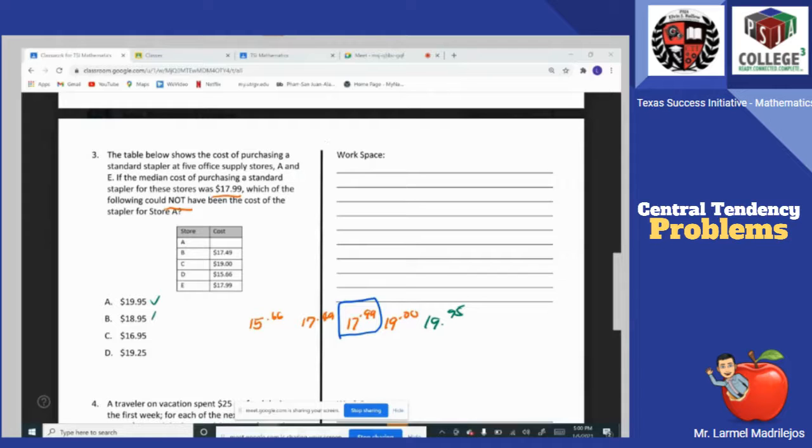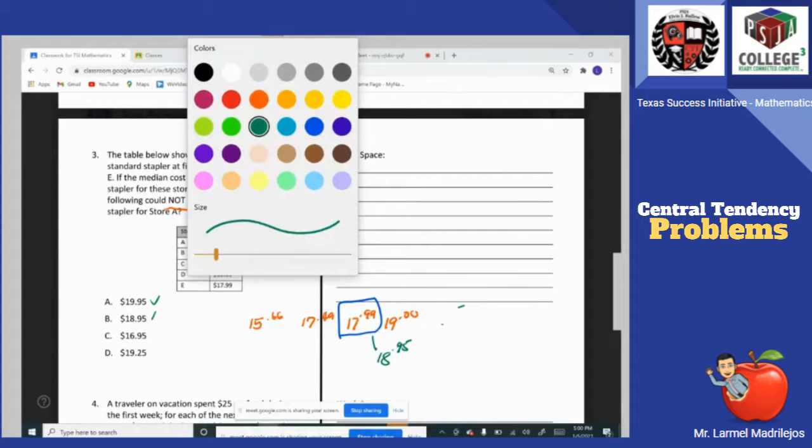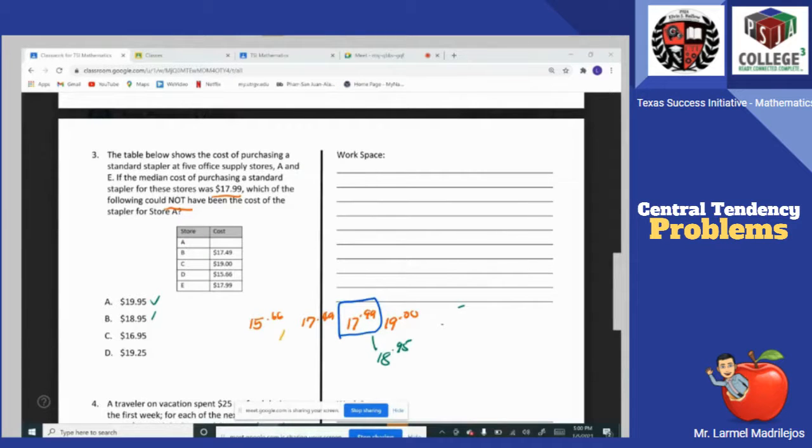Letter B is in between these numbers, 18.95. If I erase this, 17.99 is still in the middle. Next is 16.95. Let me look at that. Somewhere here, this is 16.95.